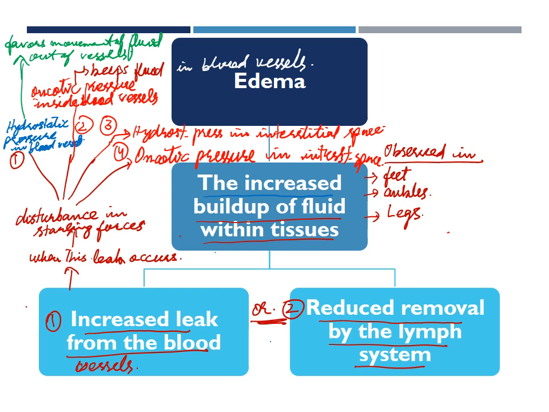So the imbalance between these Starling forces, especially the first two, the oncotic pressure in the blood capillaries and the hydrostatic pressure in the blood capillary. Any condition in which protein leakage occurs from the blood capillaries, or the protein level in the body, which is 6 grams per deciliter, decreases, what will happen?